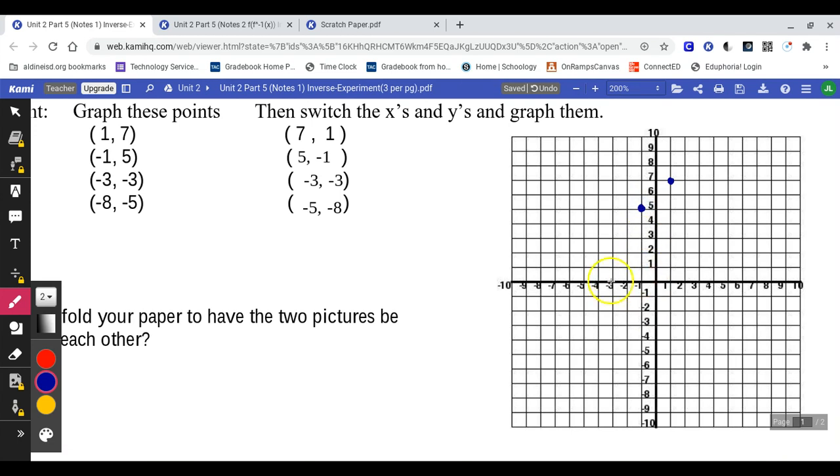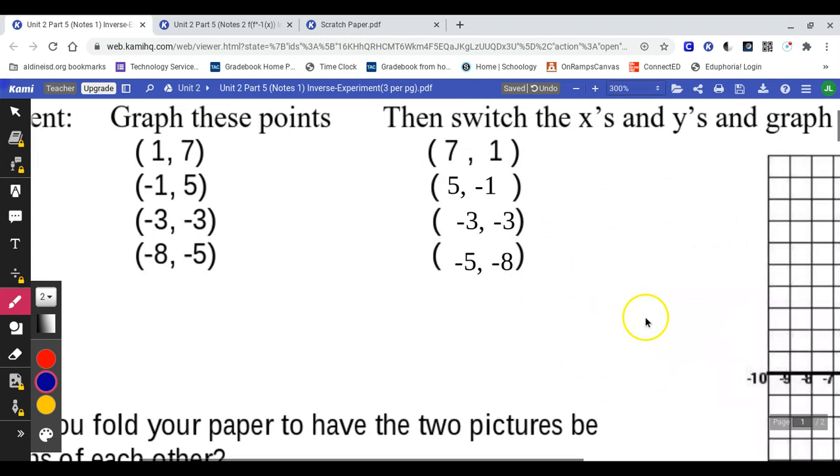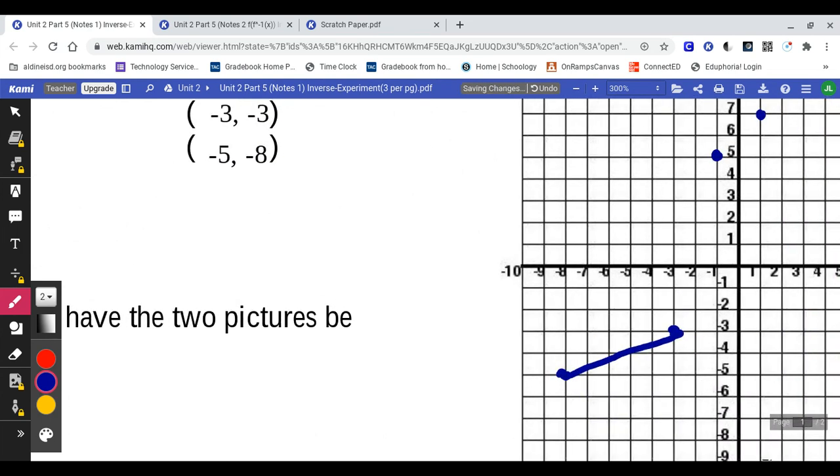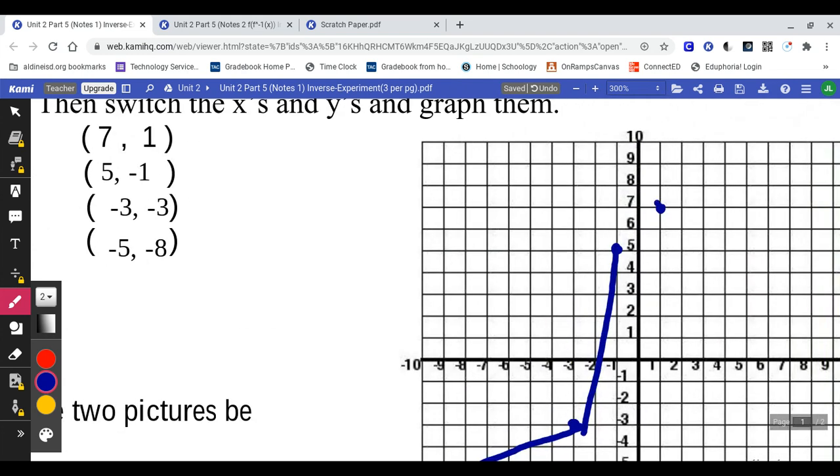I'm going to graph -3 and -3. And then -8 and -5. So if I connect these points, that's my graph for my original function.